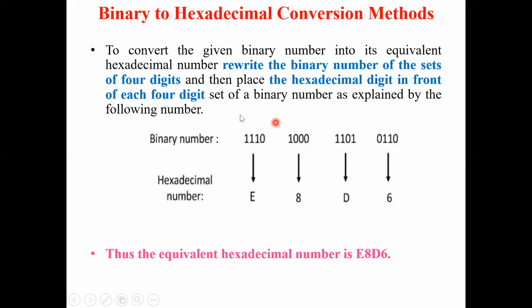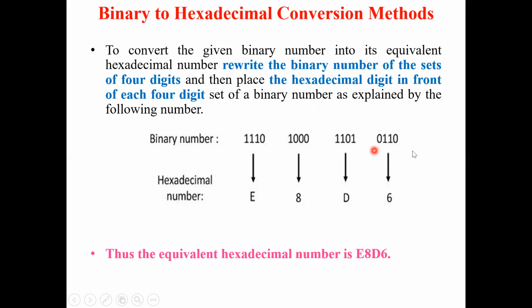Now binary to hexadecimal conversion. Suppose I give you a binary number, a continuous string. From behind, you make groups of 4, and for each group of 4 you write the hexadecimal equivalent. Like for 0110 you know it is 6.